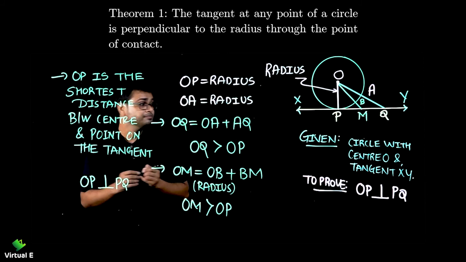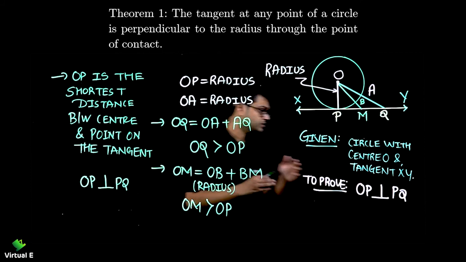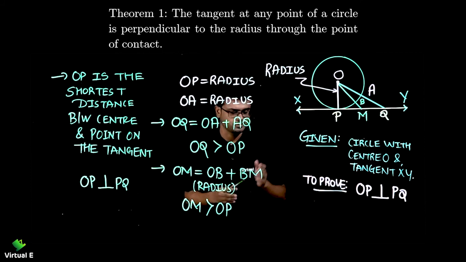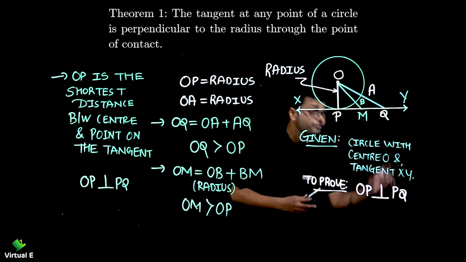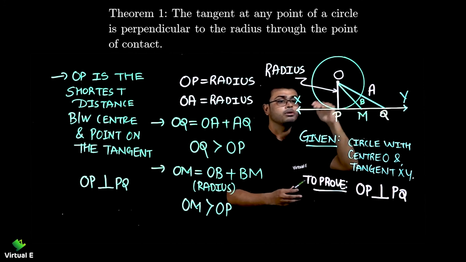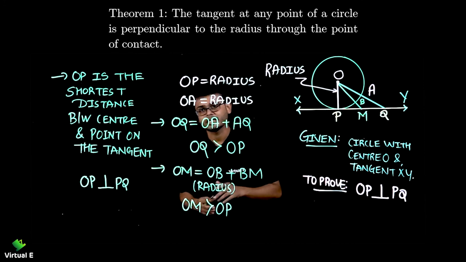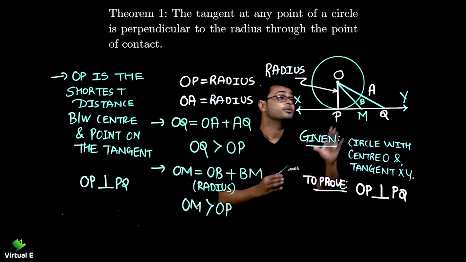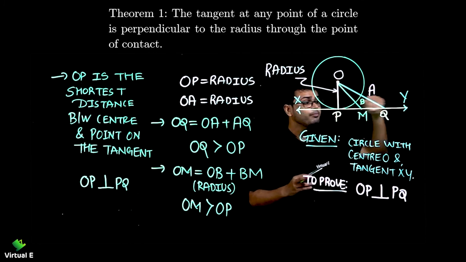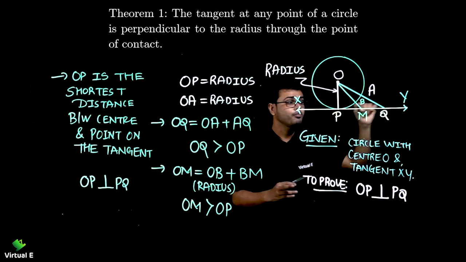Let's repeat one more time. What information is with us? First of all, circle with center O and tangent XY or PQ also. You can write it. What we need to prove? That angle between OP and PQ or XY should be 90 degrees. So what did I do? I compared the length of OP with any point on the tangent.